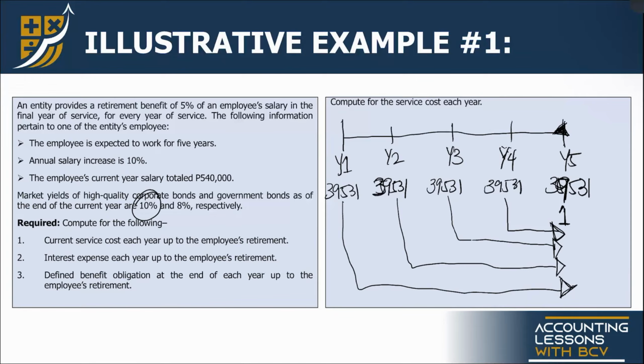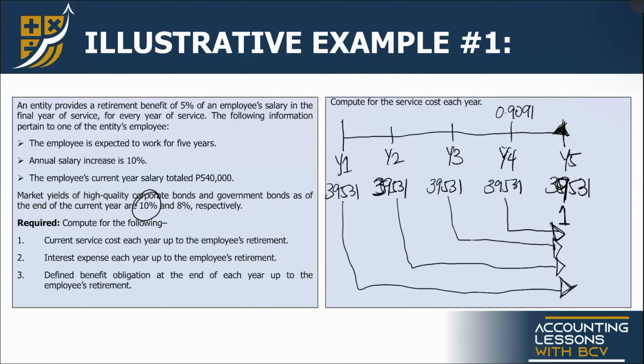So, alam niyo na siguro to, no? Present value tayo. So 1.1 in your manual calculator, press your division sign 2 times. Magkano yung present value of 1 for 1 period? Magkano 'yon? 0.9091. 4 decimal place tayo para consistent. Okay? So for year 4, gagamitan mo siya ng 0.9091.